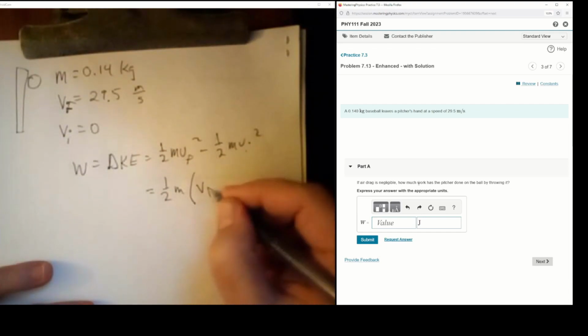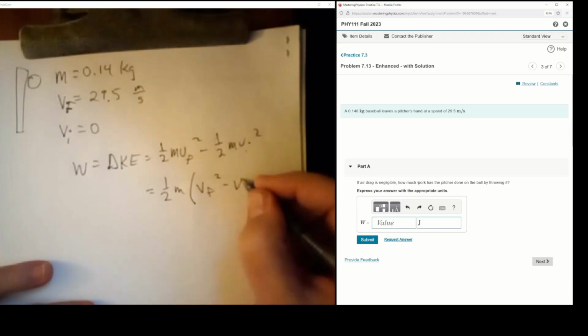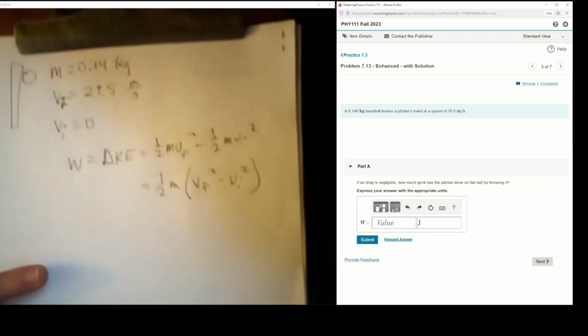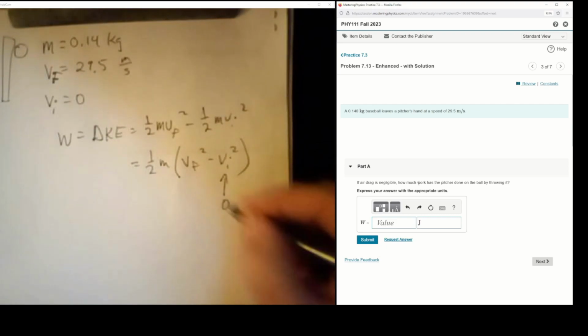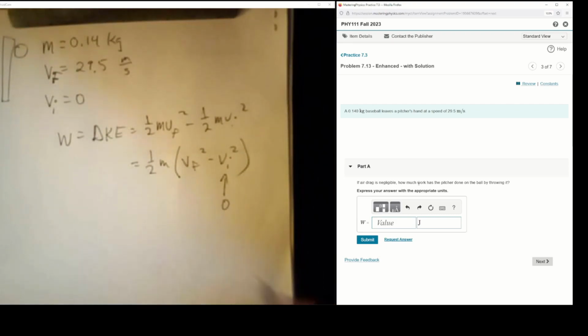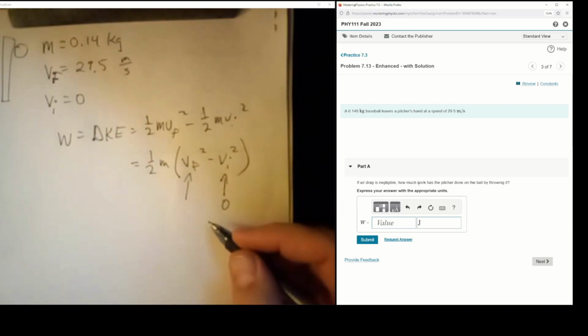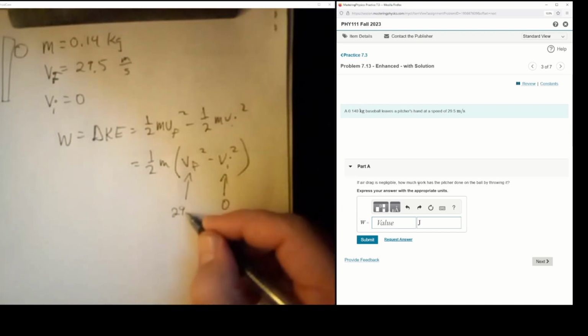And so we could make our math a little bit easier with our calculator by factoring out the greatest common factor of 1/2 m. And we know initial is 0. And then the final is 29.5.